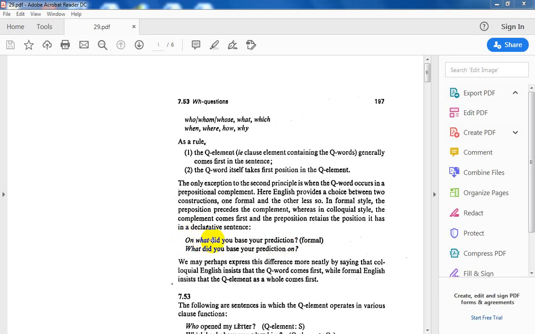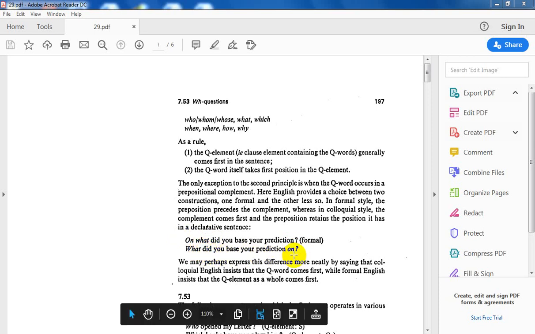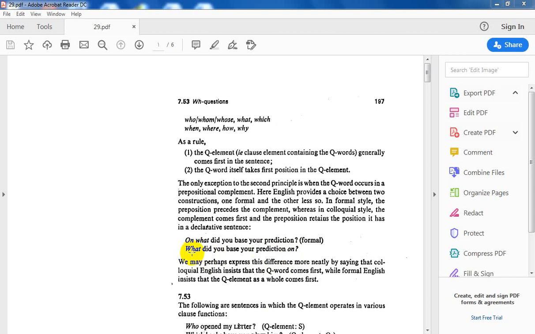Again, this is the very colloquial one: What did you base your prediction on? This is informal, in which I start my question normally with a WH word, but it is something colloquial, not standard, not formal.